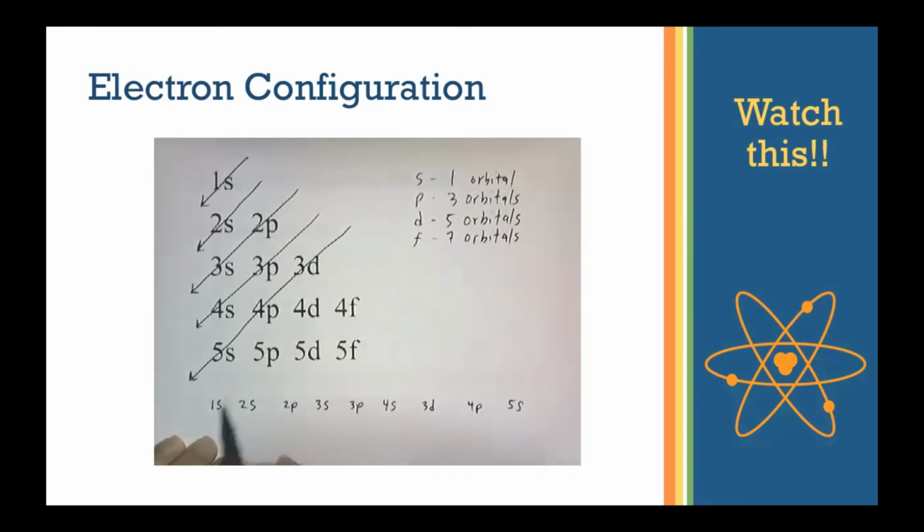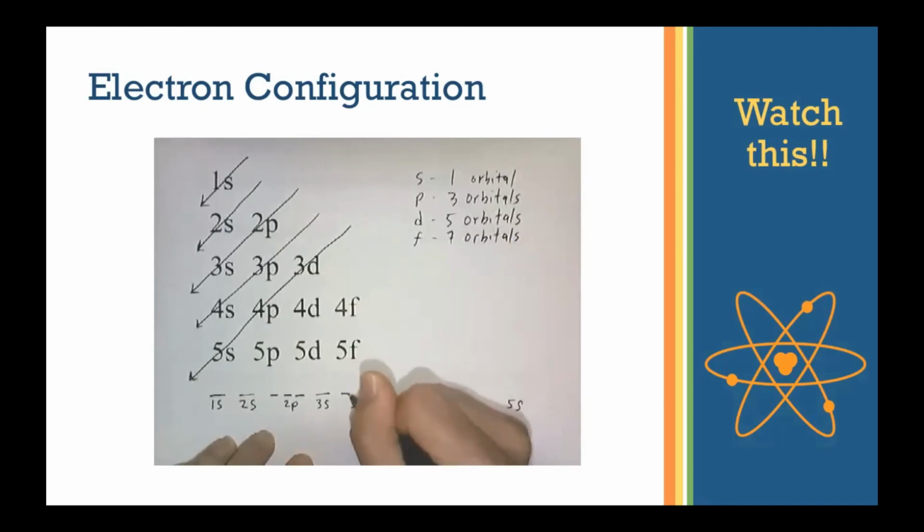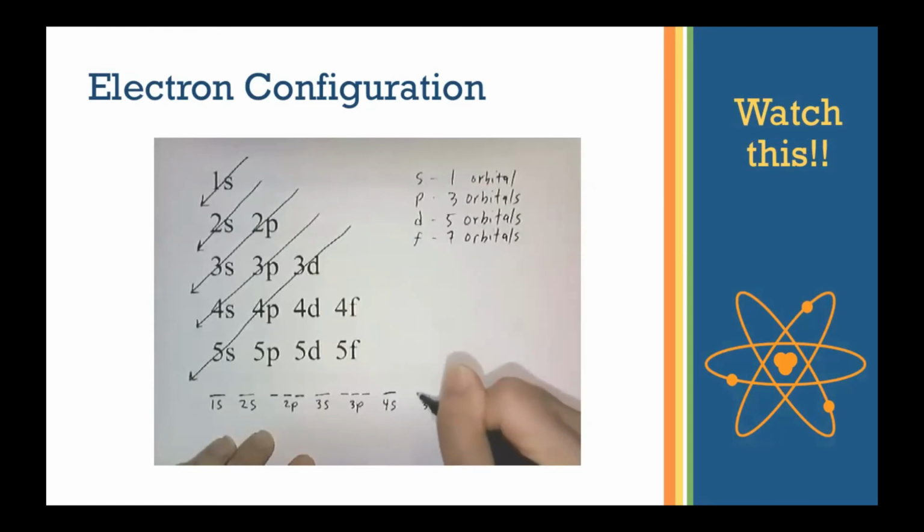Okay. So 1s. S has 1 orbital. I'm going to draw a single line above it like that. 2s. Once again, s has 1. 2p. P has 3 orbitals, so I'm going to draw 3 horizontal lines over it. 3s, s has 1. 3p, p has 3. 4s, s has 1. 3d, d has 5, so we're going to draw 5 lines above the 3d. 4p, p has 3 on top.